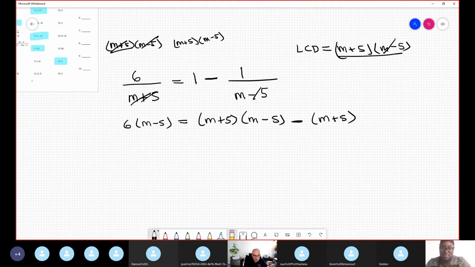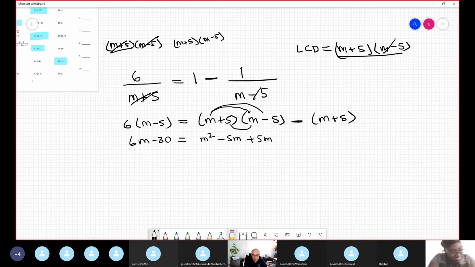Okay. Now, 6m minus 30 is the same, but you need to FOIL this because it's a binomial multiplication. m squared minus 5m plus 5m minus 25 minus m minus 5, because I distributed this invisible negative 1 here and here.